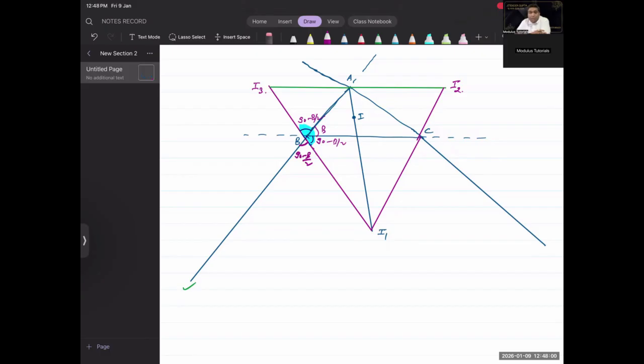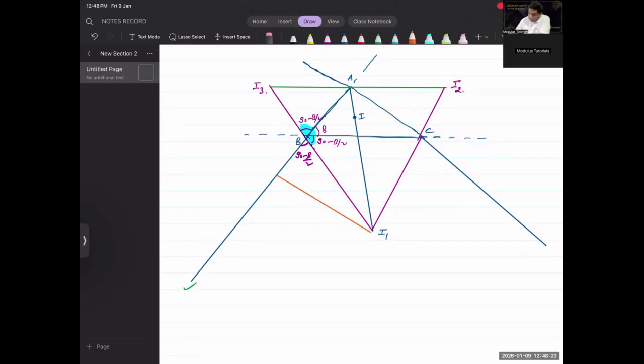Now, I have already proven to you that A, I1 are collinear. Similarly, guys, B, I2 and C, I3 will also be collinear. There is no doubt about it. So anyways, we'll stick to this. If you see, we can draw perpendiculars from I1 like this.